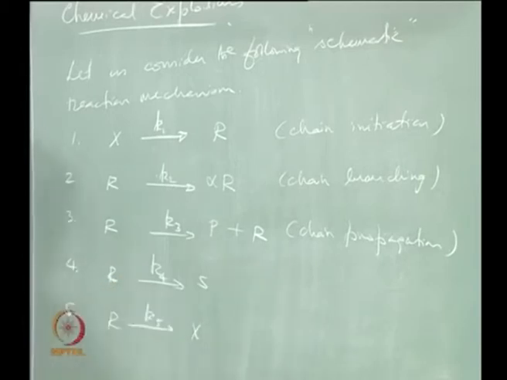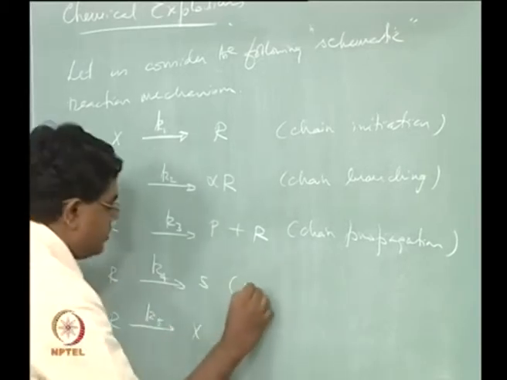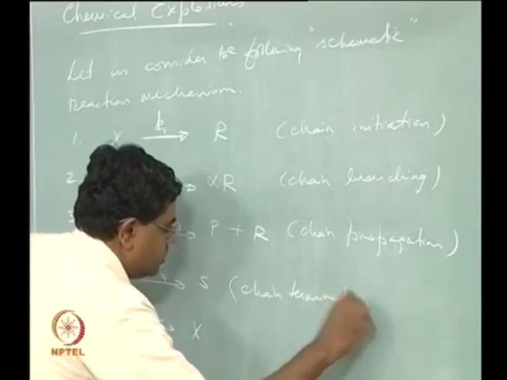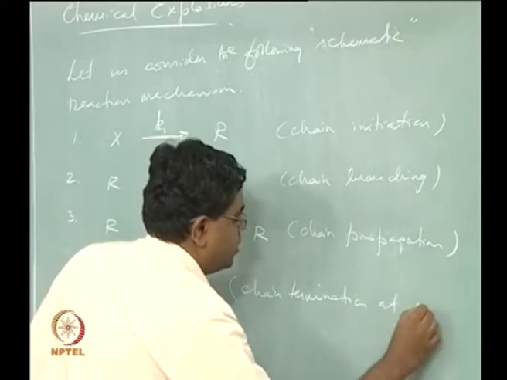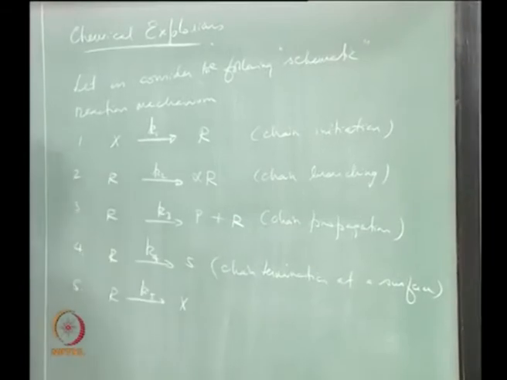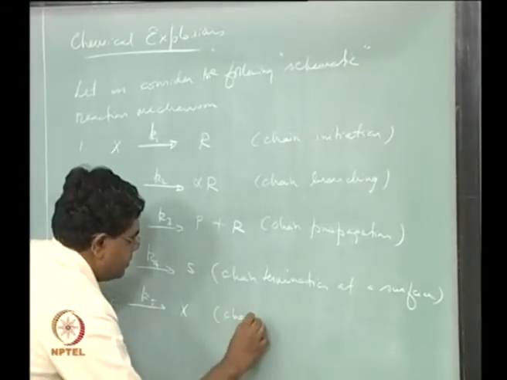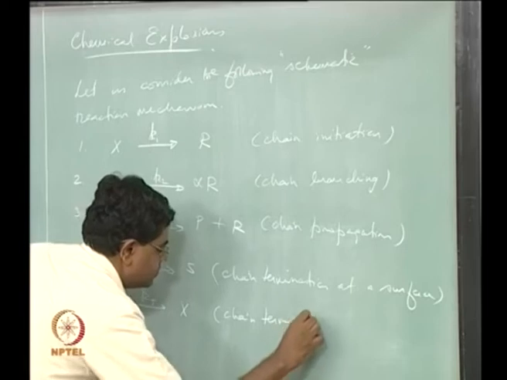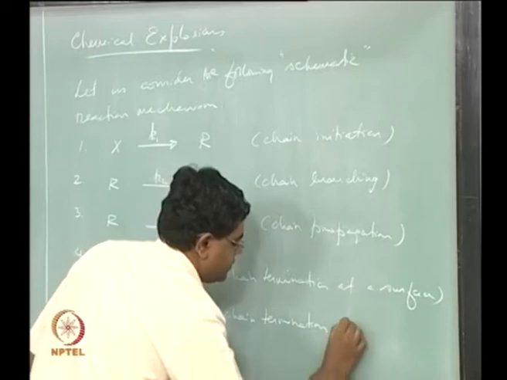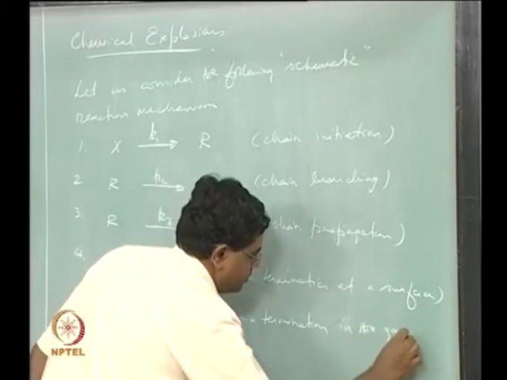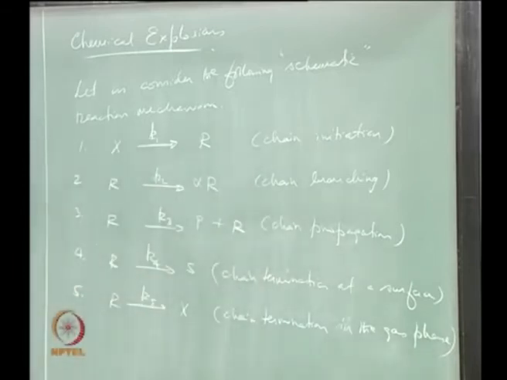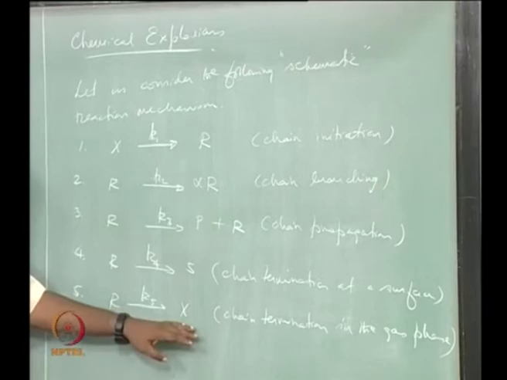R going to S is schematically representing chain termination at a surface, whereas R going to X means chain termination in the gas phase. In the gas phase, X is any molecule, right?